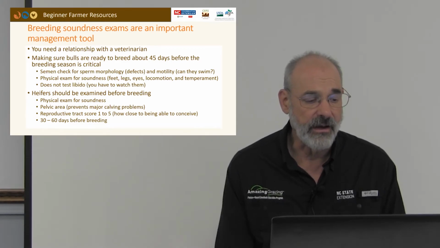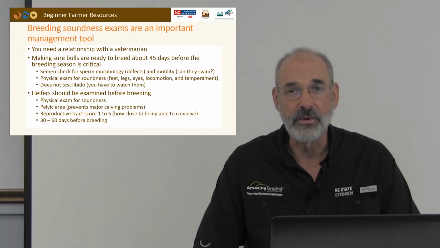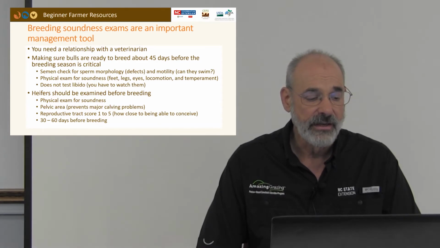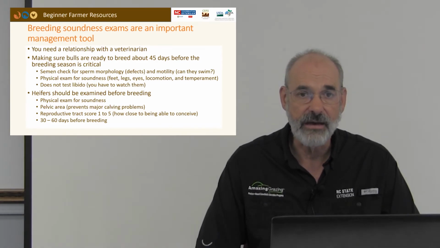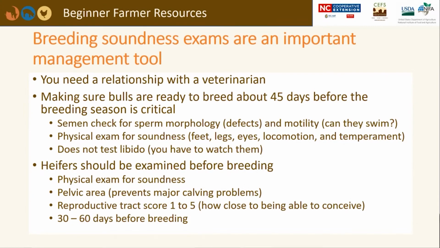Now, pelvic area is one of the main things that we will measure on these heifers, and this will help us to prevent major calving problems. Ensuring that the pelvis is large enough for a calf to get out of is a very critical first step in proving that the heifer will become a good cow. We also do what's called a reproductive tract score, and this score shows how close the heifer is to being able to conceive if she was bred by a bull.